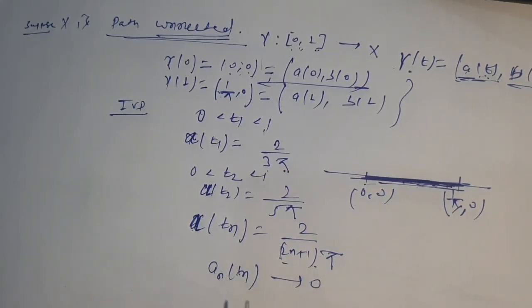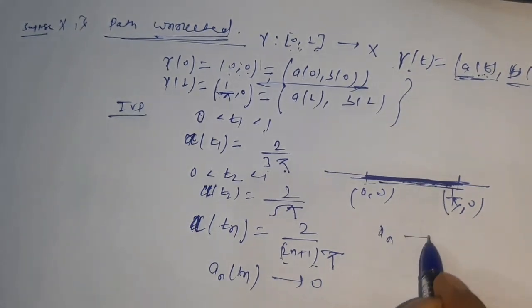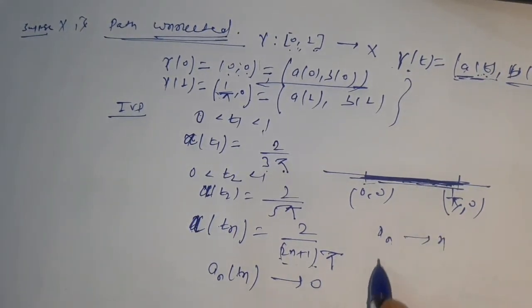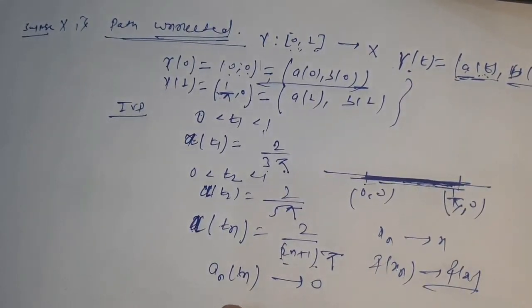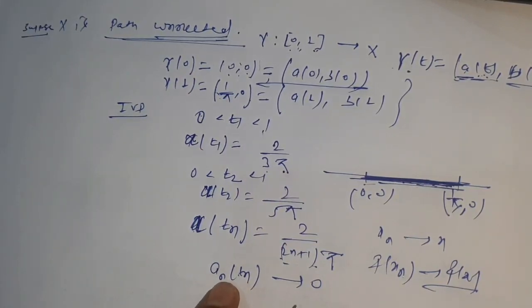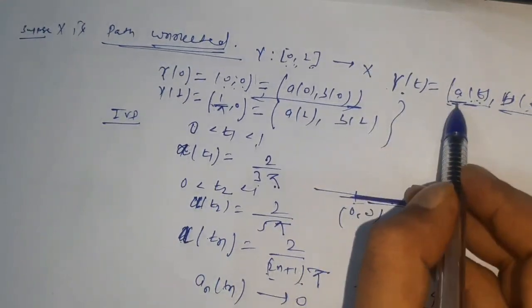Now we use the concept: a function is said to be continuous if and only if, for any sequence x n that converges to x, f of x n converges to f of x. So this point belongs to the domain of sine 1 by x, because we have taken a continuous map.